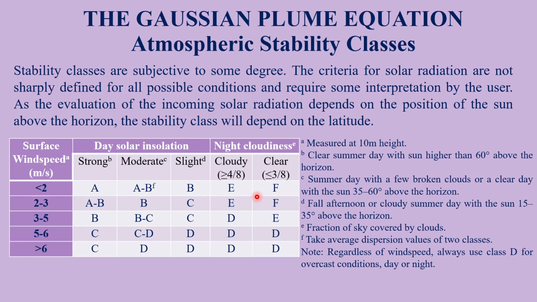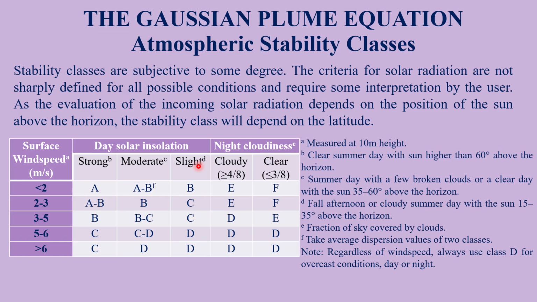So, and here A is the wind speed measured at 10-meter height. B is clear summer day with sun higher than 60 degree above the horizon. C is summer day with few broken clouds, or clear day with sun 30 to 60 degree above horizon.